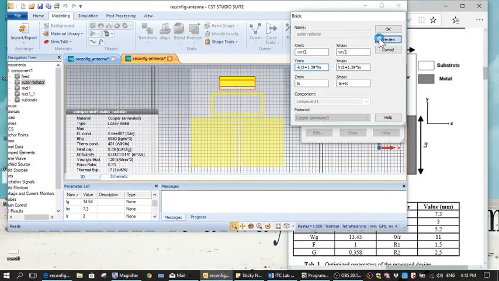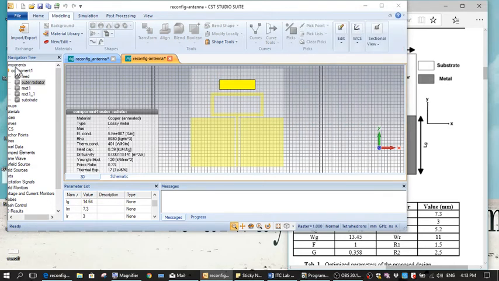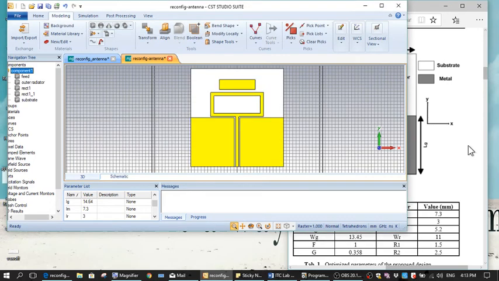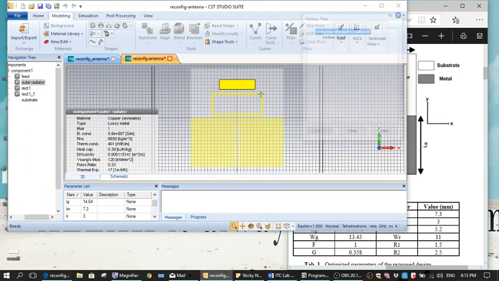Preview it. Let's check this. We still need to move it up. So let's keep on trying.